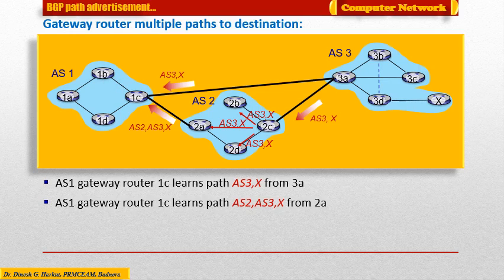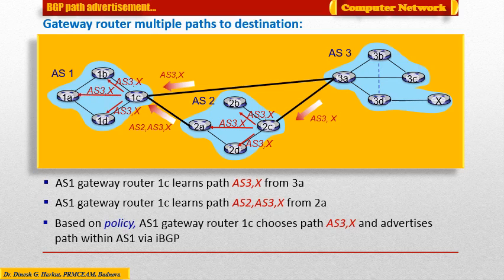Here, typically in this example, the 1C router will select this AS3 X path over the AS2 AS3 X path based on the least number of hops, and it will advertise this AS3 X path to all its internal routers via iBGP session.